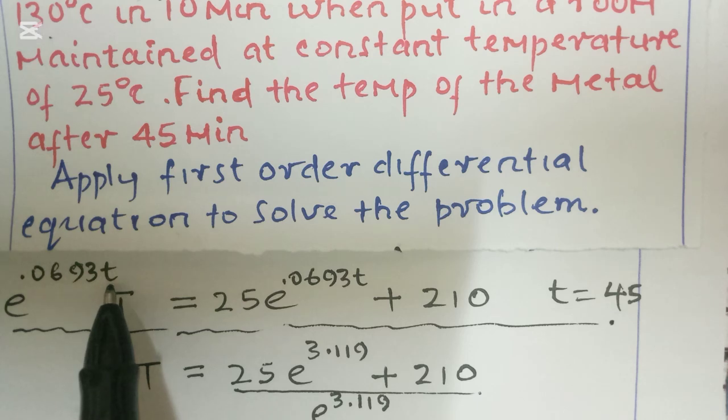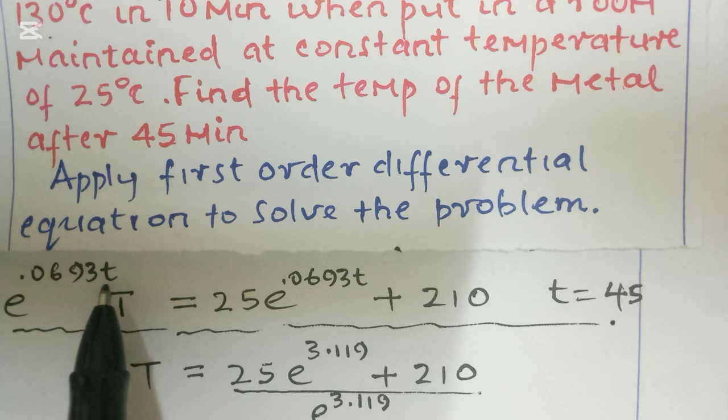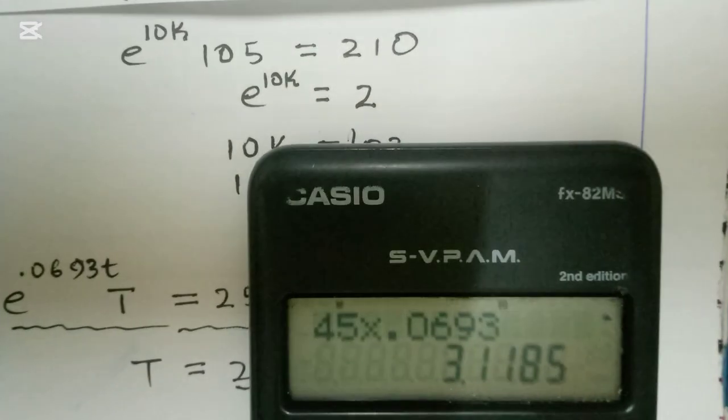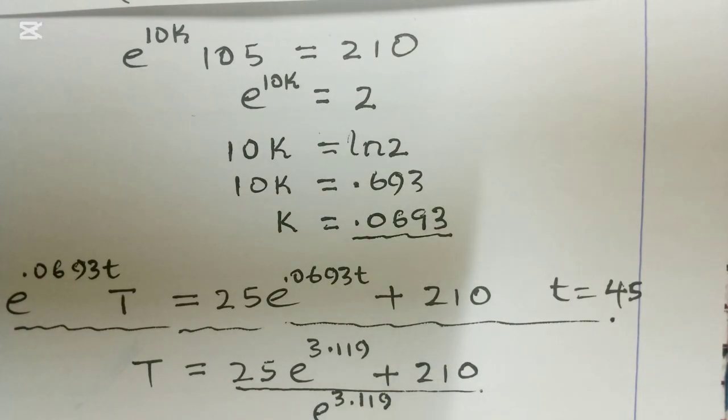When we put 45 here, guys, we are going to find 3.119. I've already multiplied here: you can see 45 multiplied by 0.0693 gives us 3.118, which is approximately 3.119.